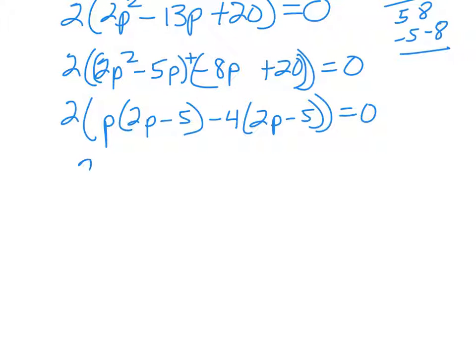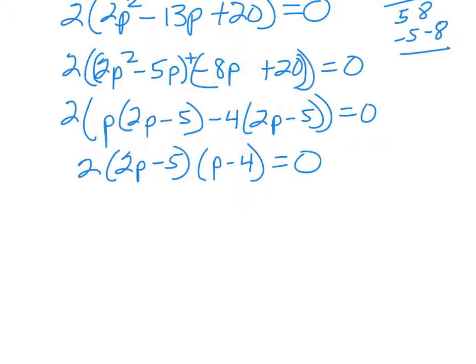So to get it factored, we're going to have a factor of 2, a factor of 2p minus 5, and a factor of p minus 4. Okay, so we got it factored. Step 2's done.